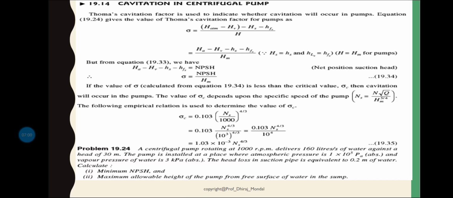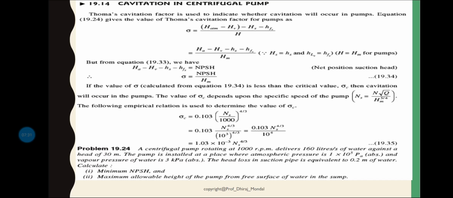And next problem you can see, this is problem number 24. The centrifugal pump is rotating at 1000 rpm, delivers 160 liter per second of water against a head that is given. The pump is installed at a place where atmospheric pressure is 1 into 10 to the power 5 Pascal and vapor pressure of water is 3 kilopascal absolute.